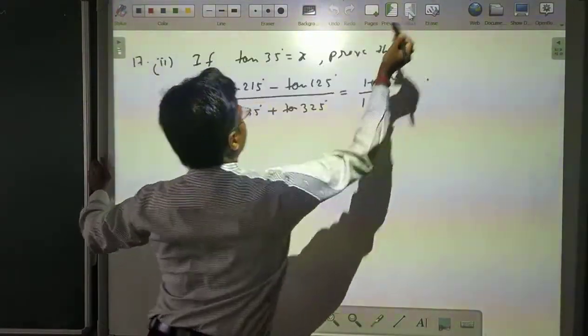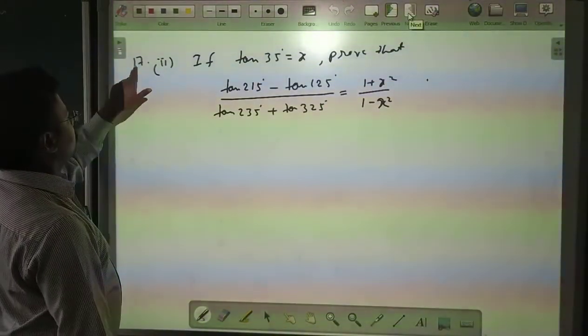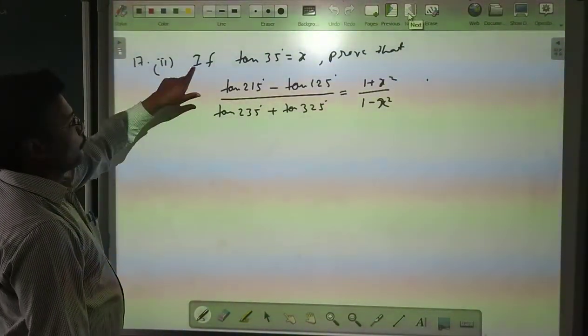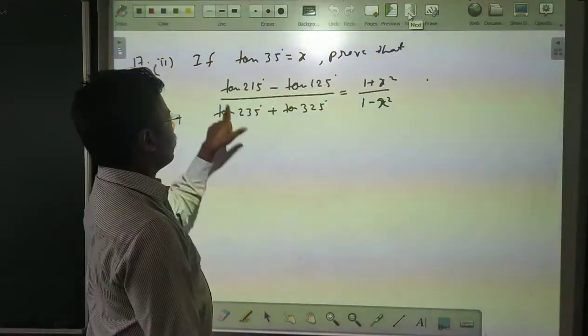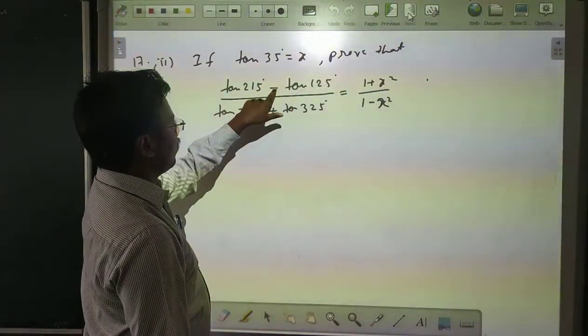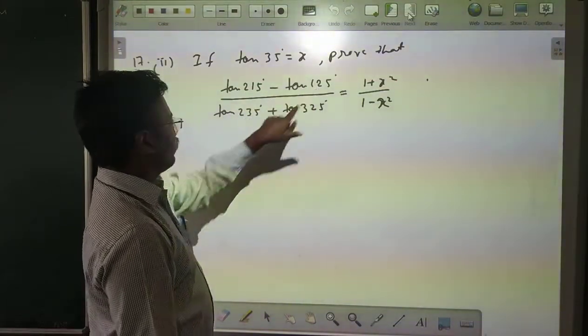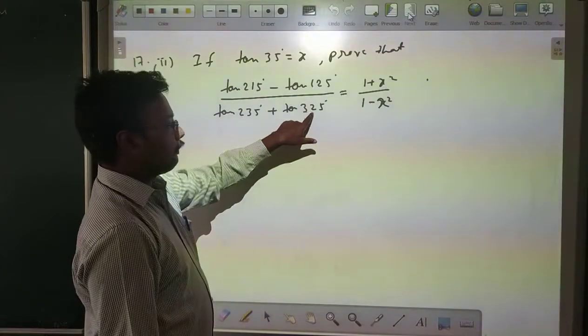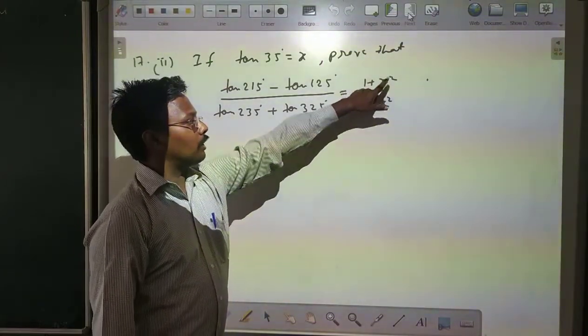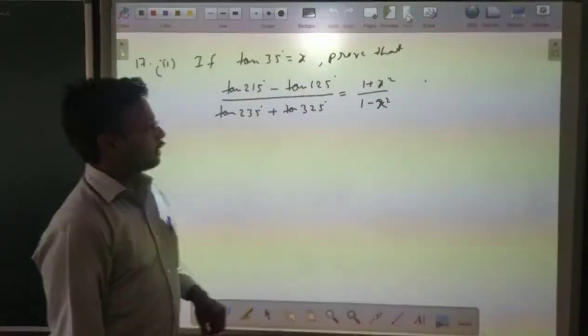Okay, next. Question number 17, part 2. If tan 35 degrees is x, then prove that (tan 215 degrees minus tan 125 degrees) upon (tan 235 degrees plus tan 325 degrees) is equal to (1 plus x square) upon (1 minus x square).